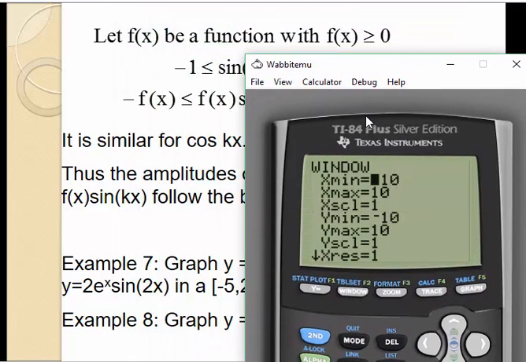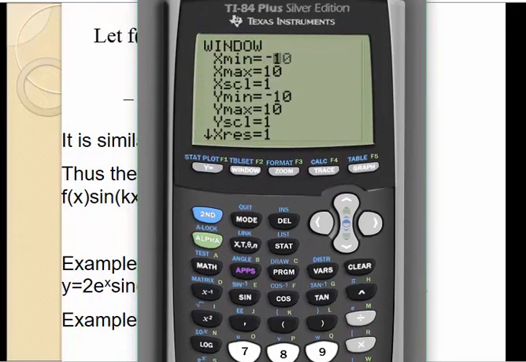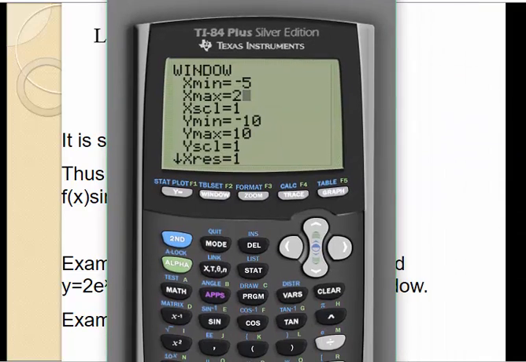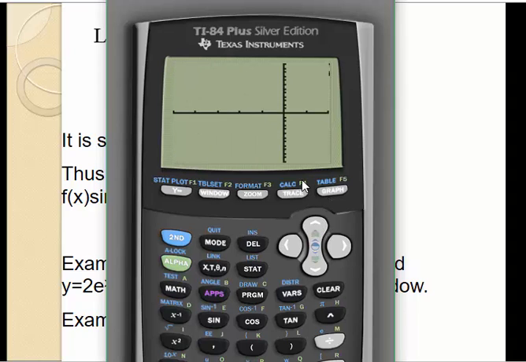Let's change the window. I said to do -5 to 2 in the x direction. The first coordinates are the x's. And then -12 to 12 in the y direction. Might want to change the scale on the y-axis, but it's not a big deal.